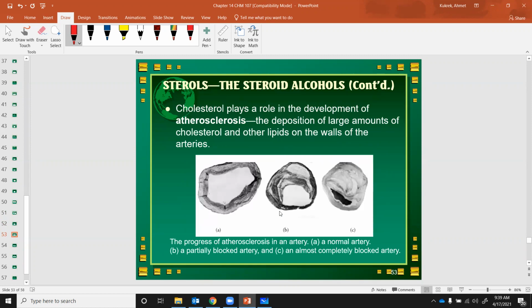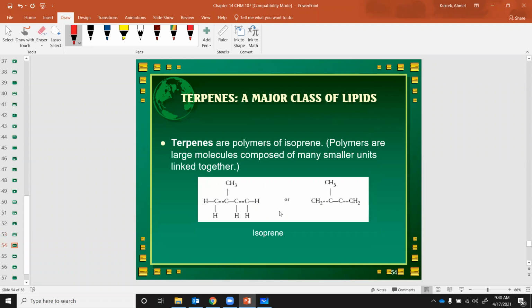And cholesterol plays a role in the development of, right? It can cause clotting in your vein, as you can see. This is the artery, a normal artery, and this one is completely blocked. So the blood is going to have a really hard time passing through these walls.